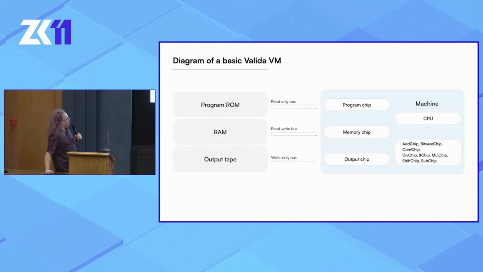So here's a schematic of what this looks like. Our memory is divided. This is a Harvard architecture. So main memory is separated from the memory including the source code of the program, as well as a special tape for the input and output. These communicate using a series of buses, which are just the public I/O of the circuit in circuit language.